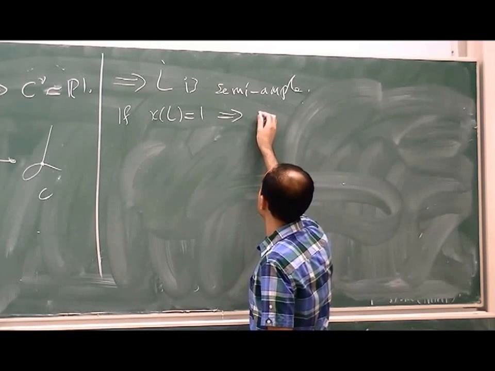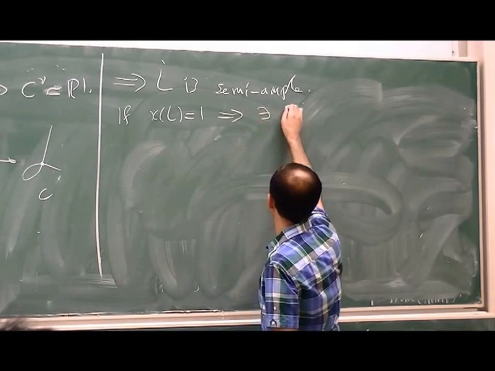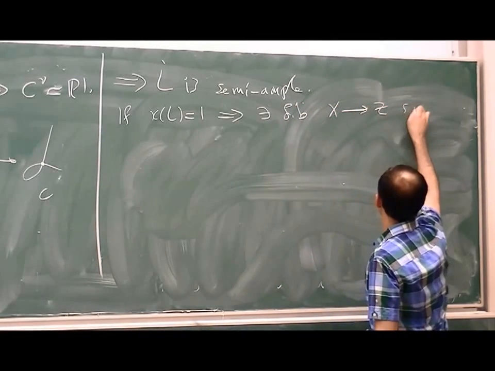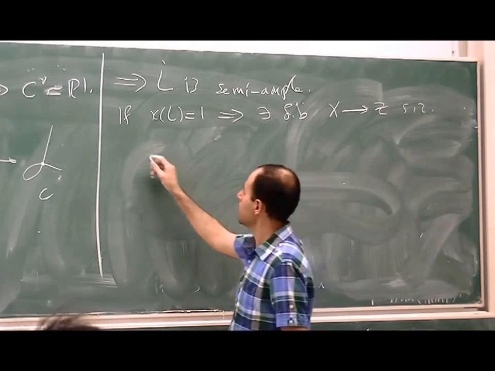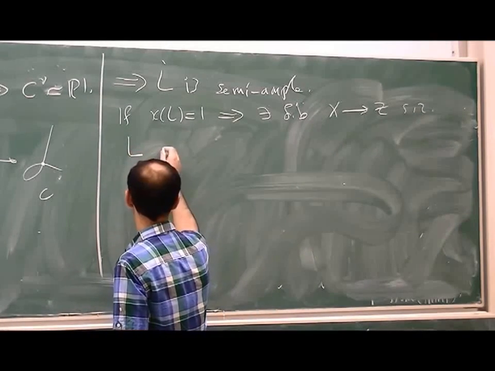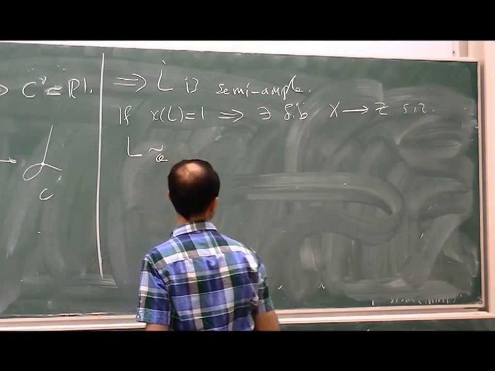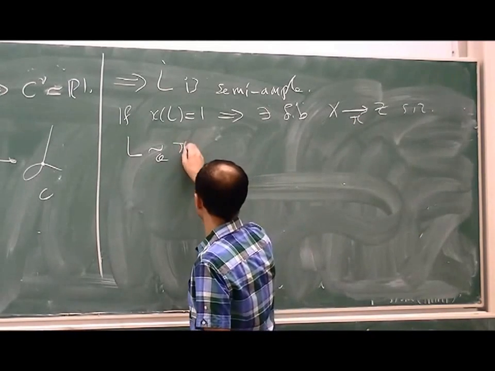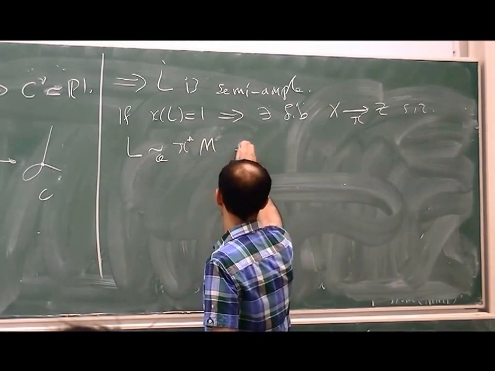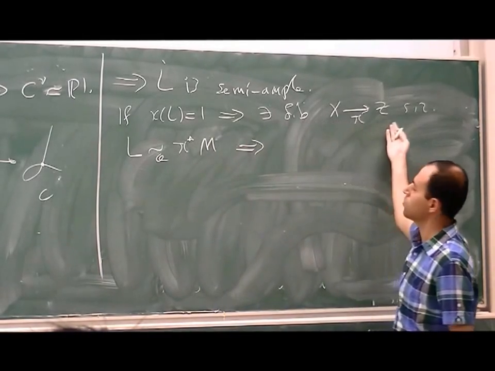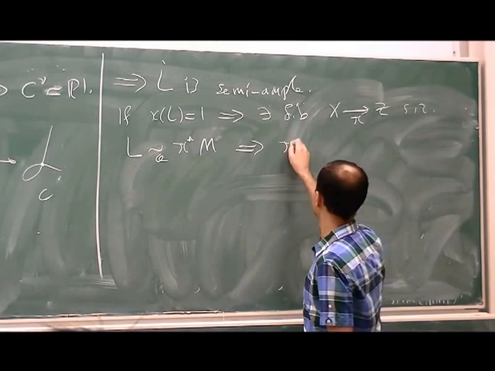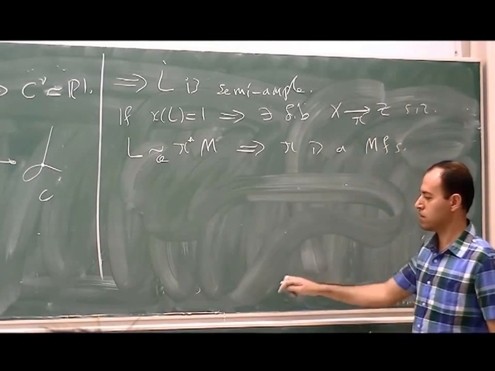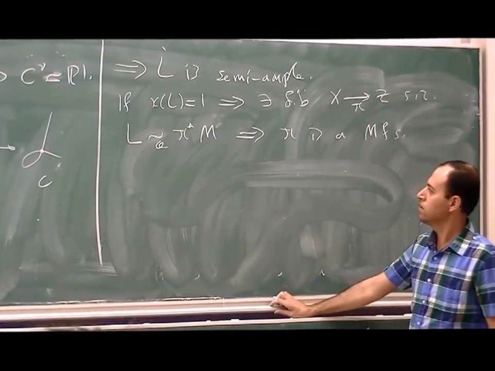I mean, it's actually quite easy. For some easy argument, there will be a fibration, let's say X to Z, such that L is a pullback of some divisor, maybe up to some linear equivalence. So this in a way is easier.